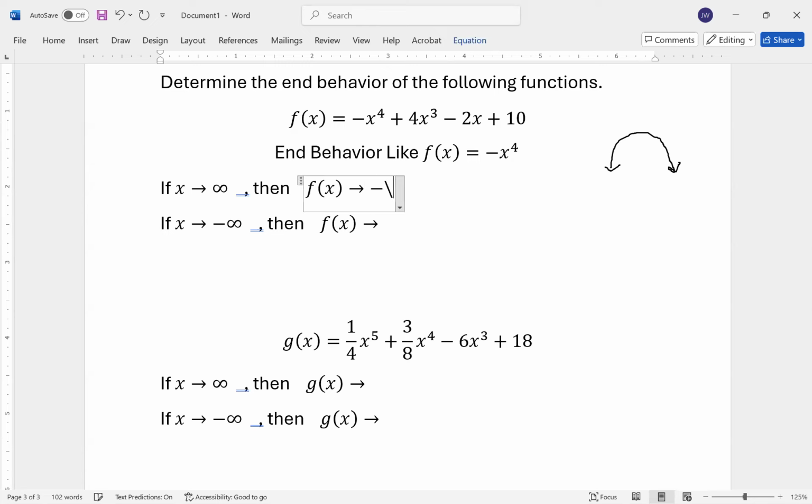So we'd say the function is going towards negative infinity as x moves towards the right. My function also goes to negative infinity as x moves towards the left. So we have f of x going to negative infinity on the right, and f of x going to negative infinity on the left.